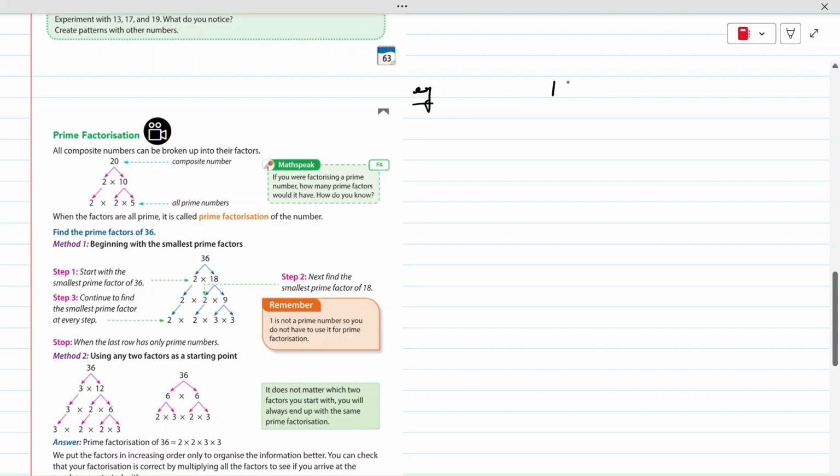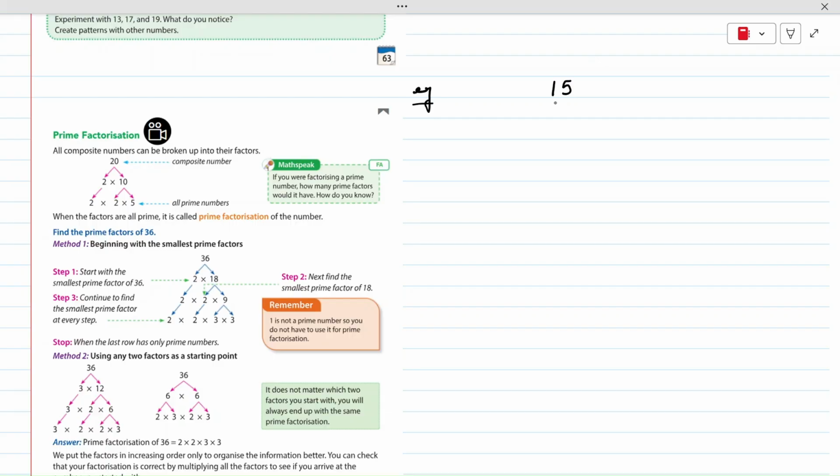I am taking the number 15. When we see 15, we know that it is a composite number because it has more than two factors. Now I am going to break this 15 into its factors till the point we are left only with prime numbers. Let's see how we have to do it.